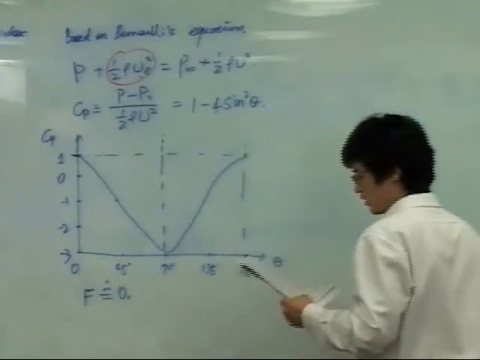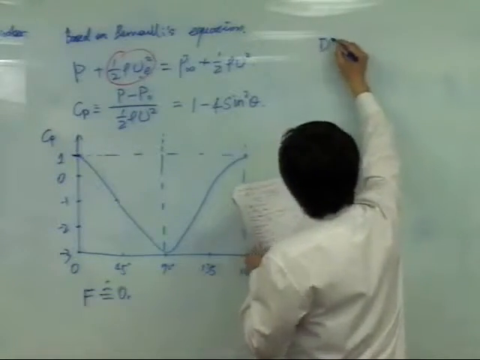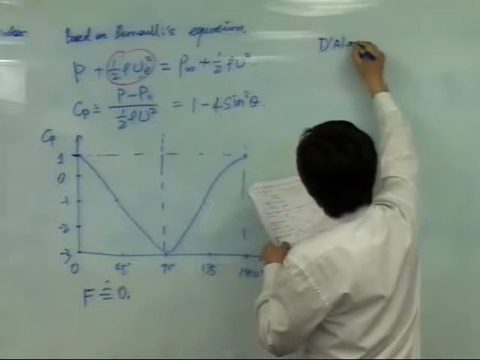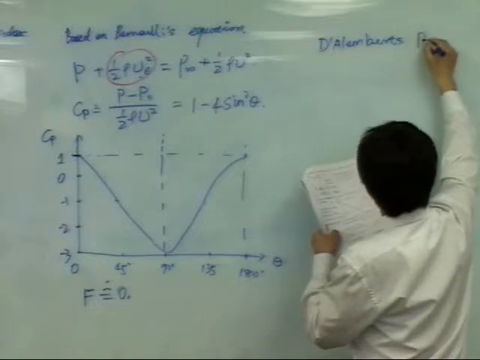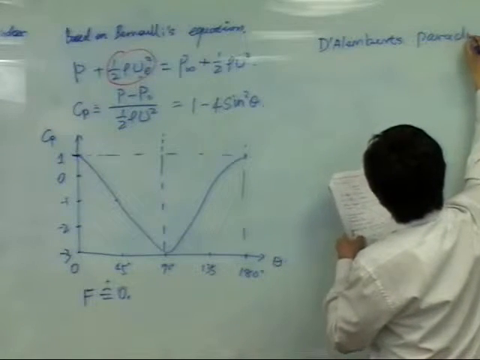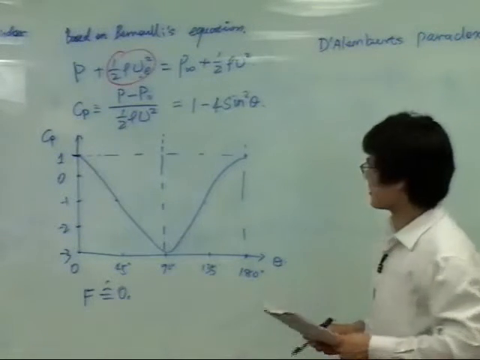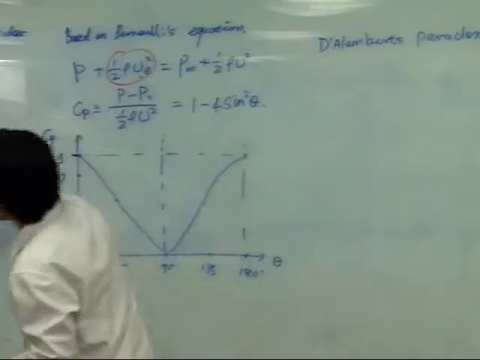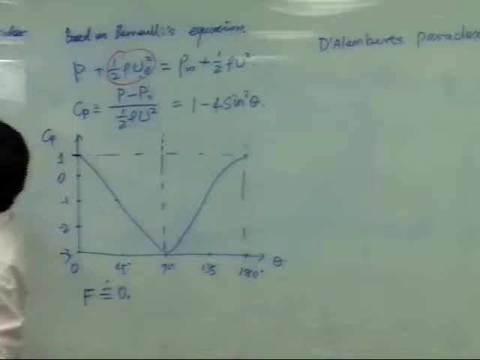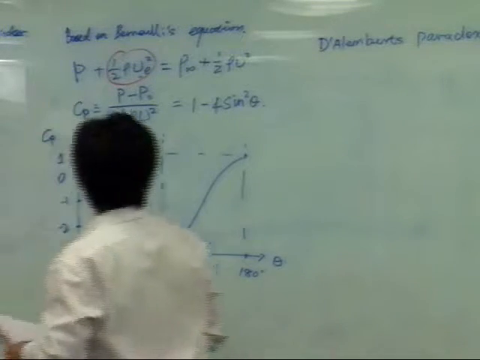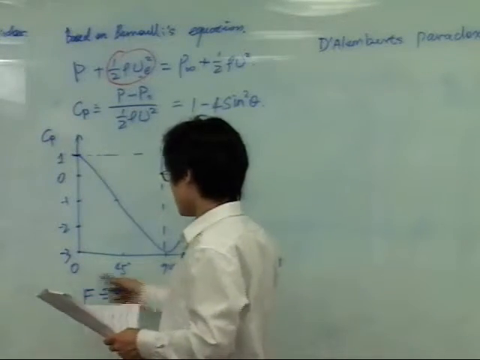This is the so-called D'Alembert's paradox. Based on those assumptions, based on our mathematics, we figure out the total force is 0.